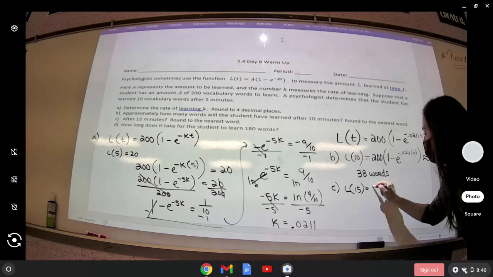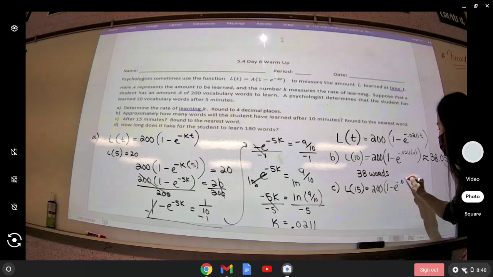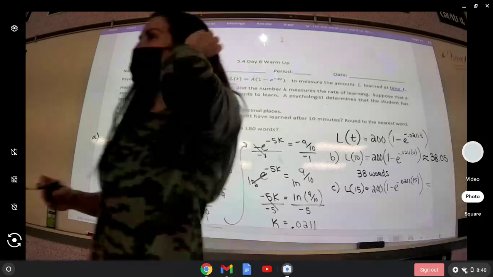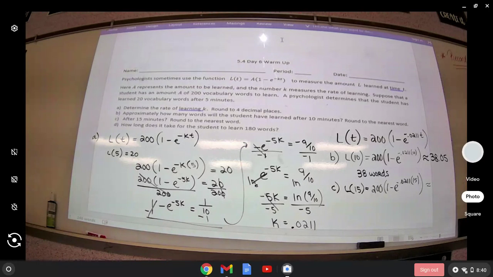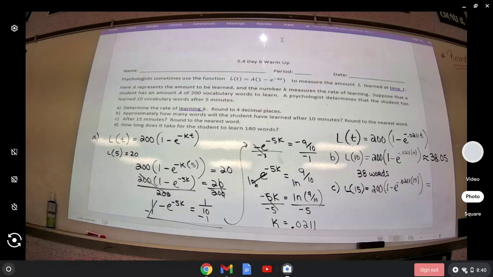So we're going to do 200 times 1 minus e to the negative 0.0211 times 15, and then hit enter. And approximately how many words out of those 200 will this student have learned after 15 minutes?